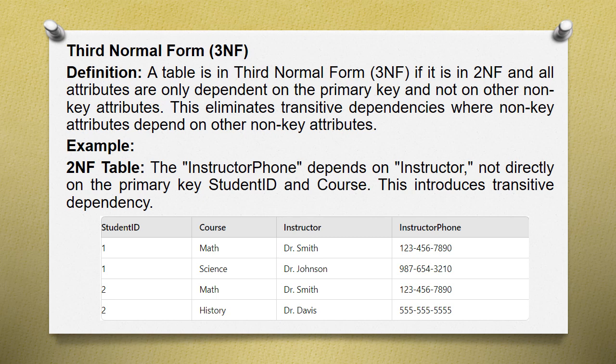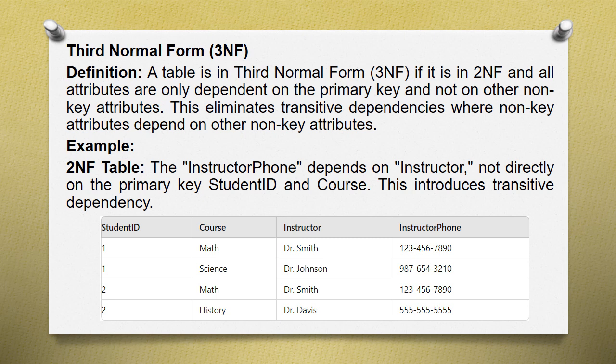So the condition for third normal form is, it should be first of all in second normal form. The very first condition for third normal form, the table should be in second normal form, and the second condition is there should not be any transitive dependency. Transitive dependency means what?